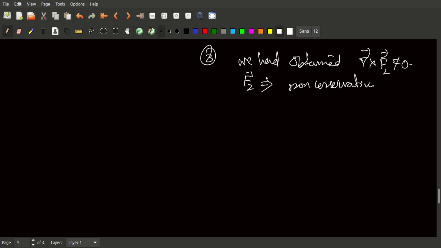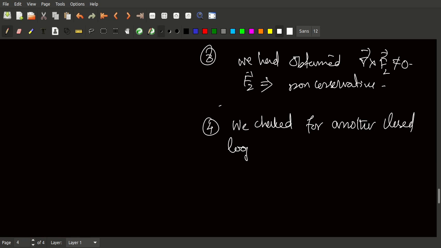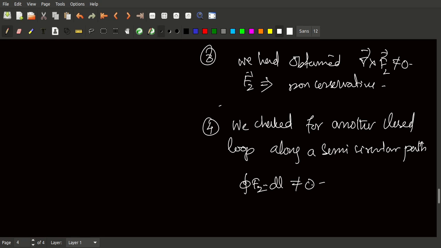This was our dilemma. And to check it, we checked for another closed loop along a semicircular path, and what we obtained is that this closed integral of F2 dot dl is not equal to 0.